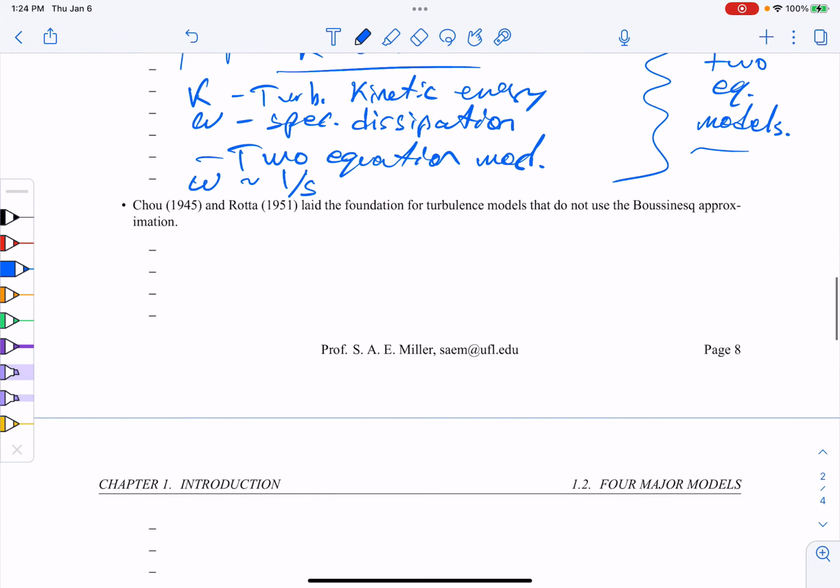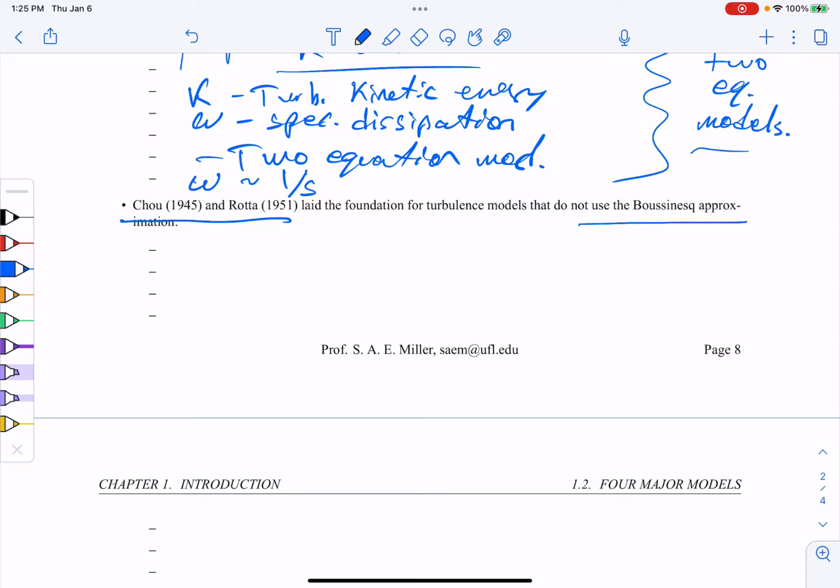That's okay. Less known people today in terms of fame outside the turbulence modeling community is models that do not use the Boussinesq formulation. And these are much more rare, and we won't focus much on them in this class.